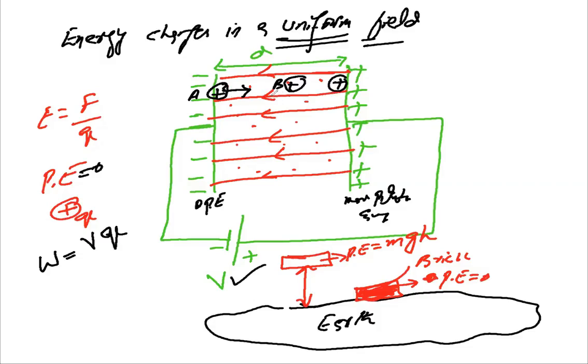You can find that potential energy using the formula V is equal to W by Q. If you rearrange this equation, W is equal to QV.